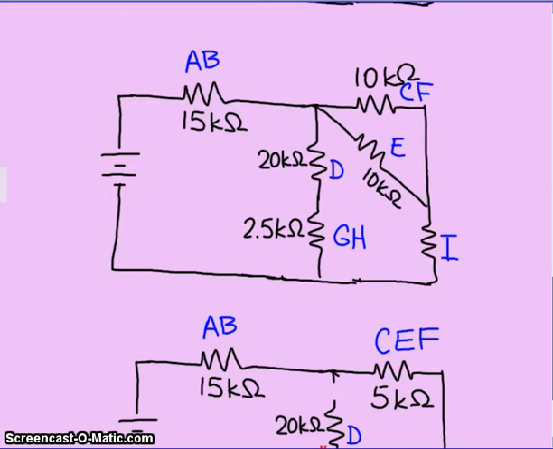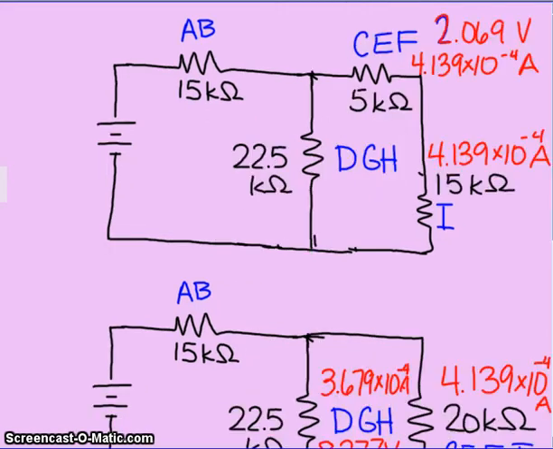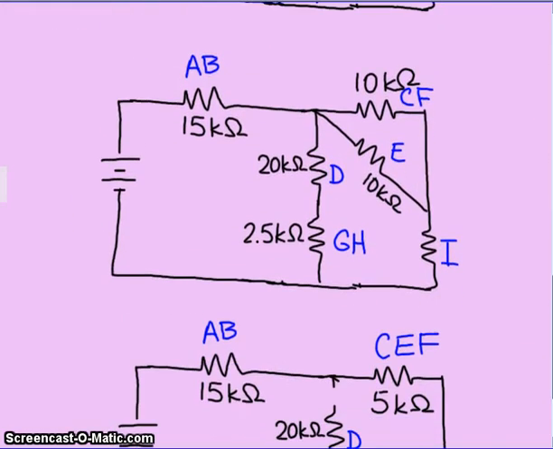CF and E were combined here, and they are in parallel. That tells me they have the same voltage as resistor CEF. So I'm going to go back to a picture that has the voltage for CEF, and I see that it was 2.069 volts. So each of these are 2.069 volts.